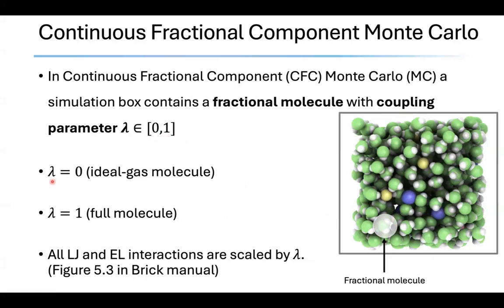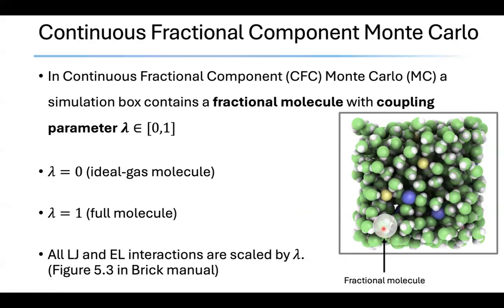When the coupling parameter lambda equals 0, the fractional molecule has no interactions with its surroundings and it behaves like an ideal gas molecule. When lambda equals 1, the fractional molecule behaves like a full molecule with full-blown interactions with its surroundings.